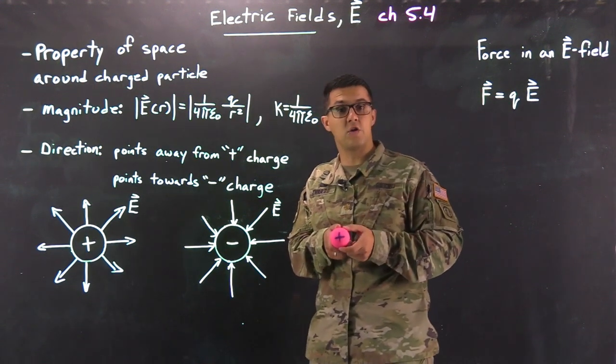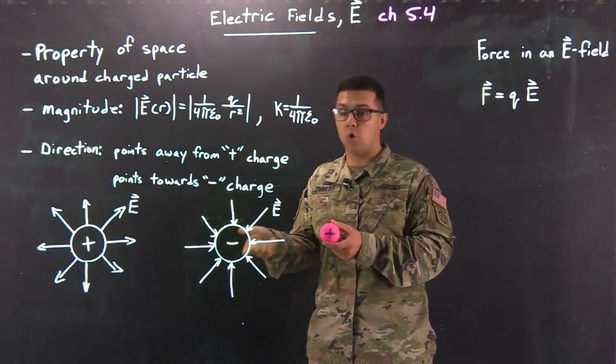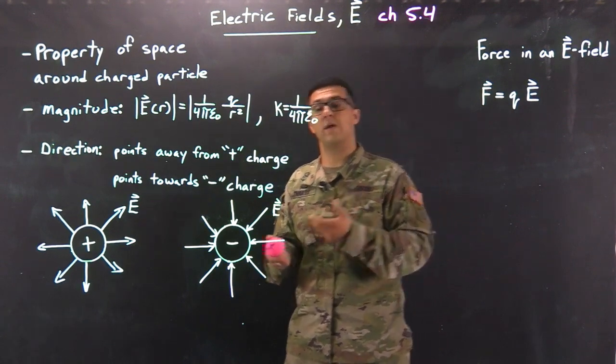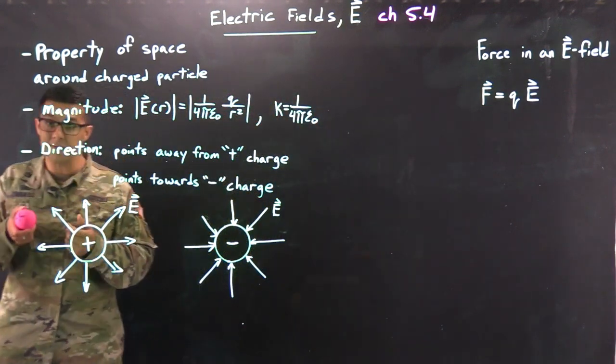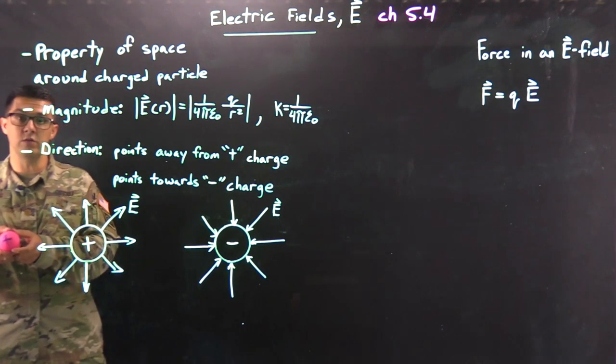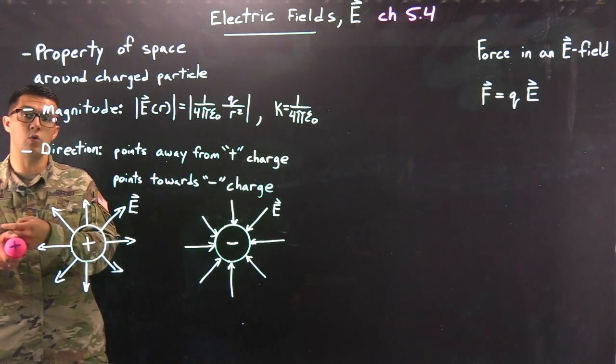I place a positive charge here. I know my force is going to want to go this way because of this equation, or because I know that opposites attract. Likewise, when I place this positive test charge towards another positive charge, I place it in the field and I see it's going to be repelled in this case, going in the same direction as the electric field lines.